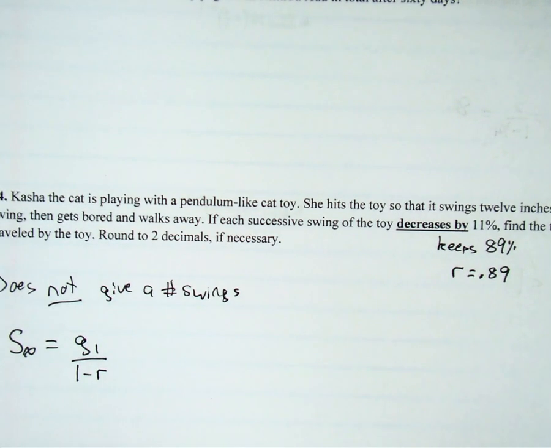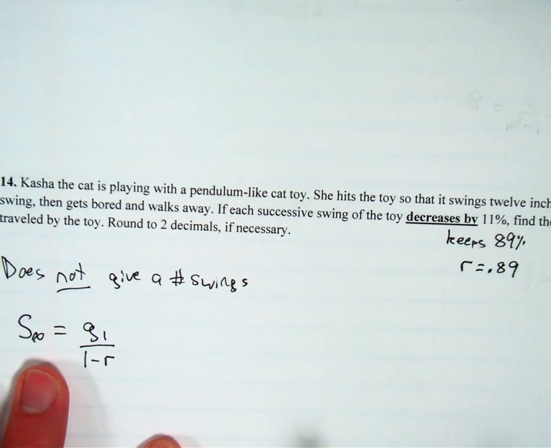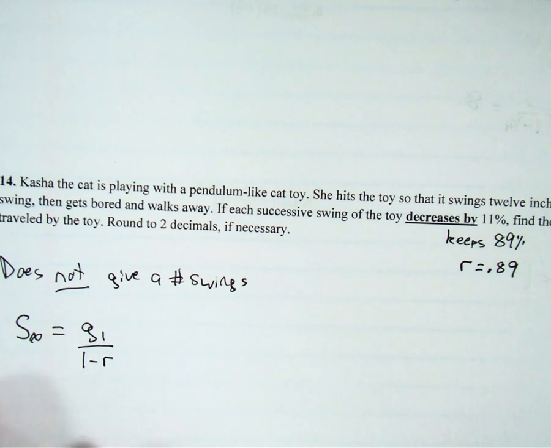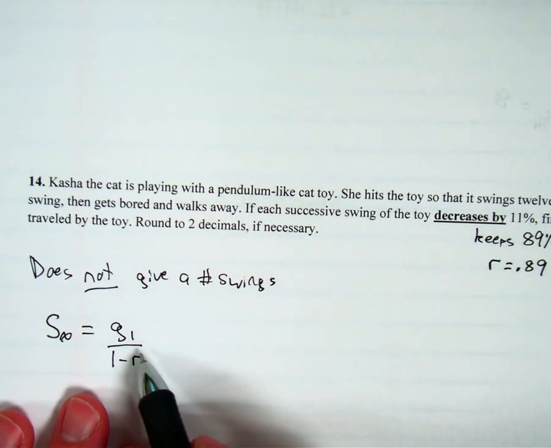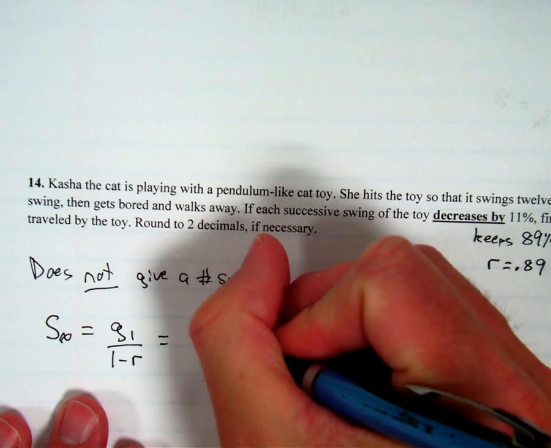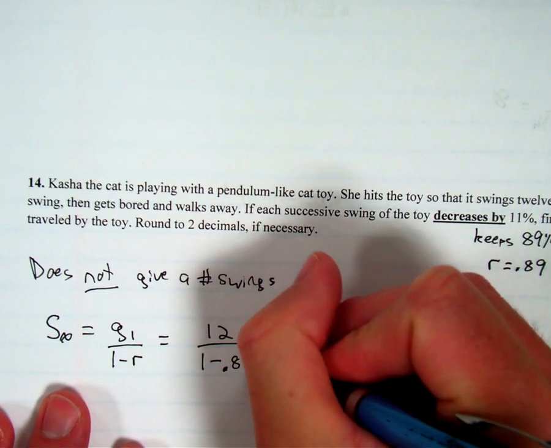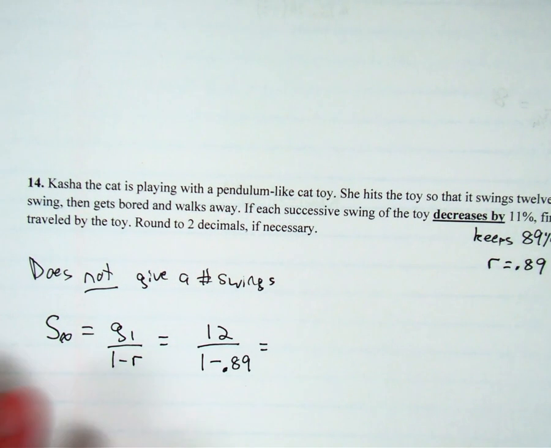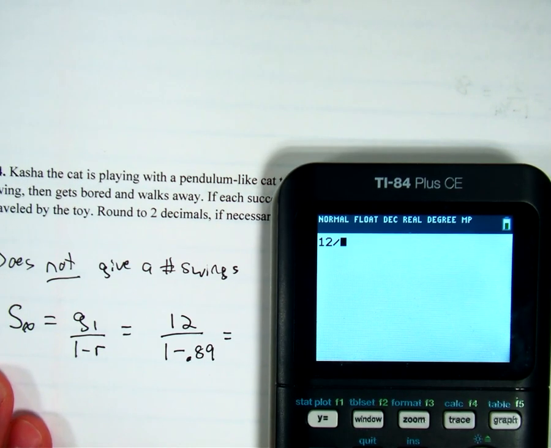So this one was an infinite one. The one on the quiz was find the total distance traveled after like 8 swings or 10 swings or something like that. So it was not an infinite one on the quiz. So make sure you know the difference between them and can do both. So our first swing on this one was 12 inches over 1 minus 0.89. 12 divided by parentheses 1 minus 0.89.